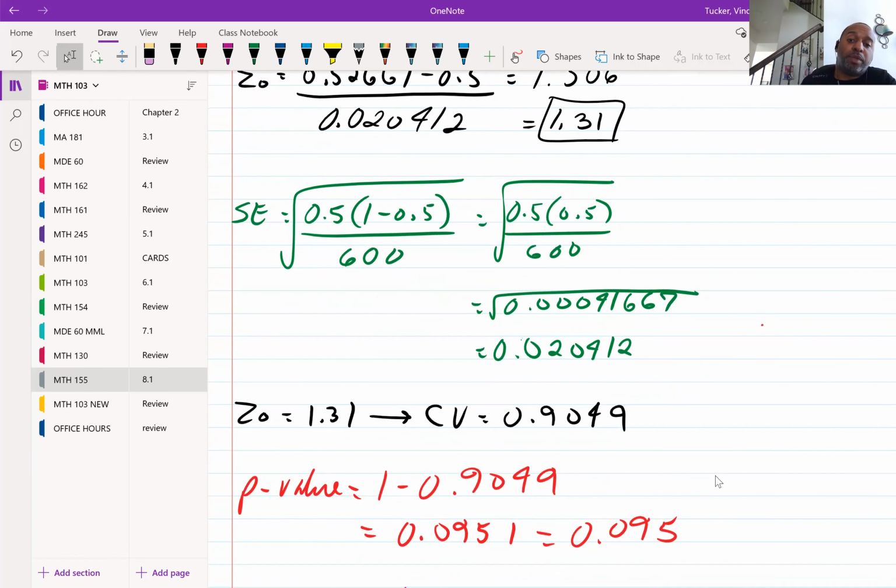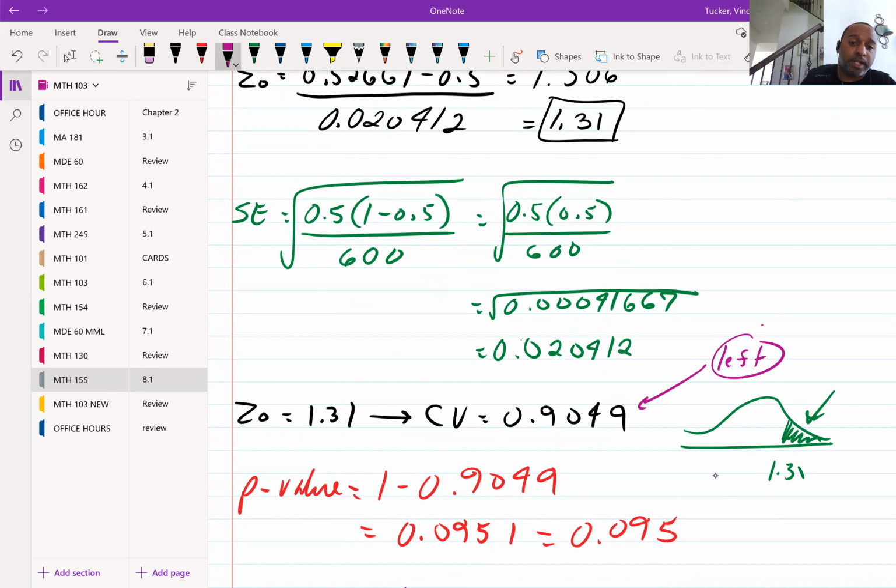All right, so now to get the p-value, don't forget that is always dependent upon what type of test we're doing. And remember, we're doing a right-tailed test. So we need this piece of information, or how much information is to the right of that 1.31. Now, don't forget, chart value is always to the left.